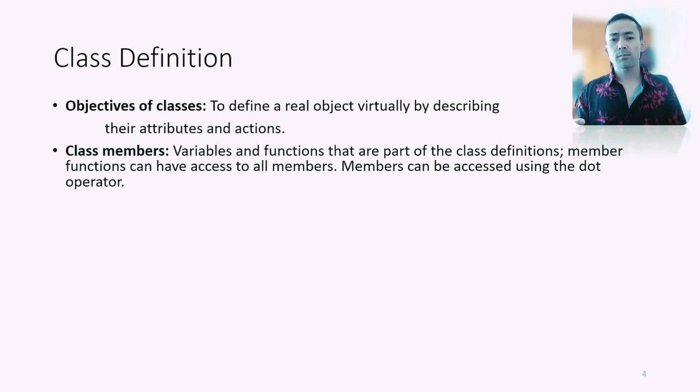What are class members? As we said, class members are both variables and functions that are part of a class, and the member functions can have access to all the members inside the class. The way we access the members is using the dot operator, which we will do in examples.